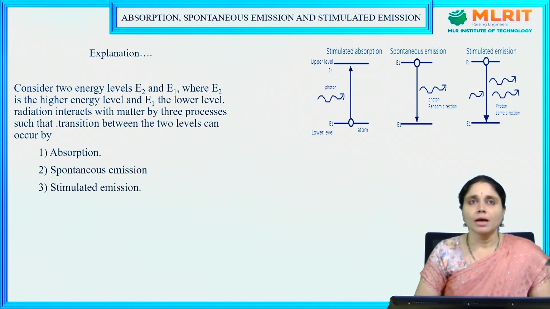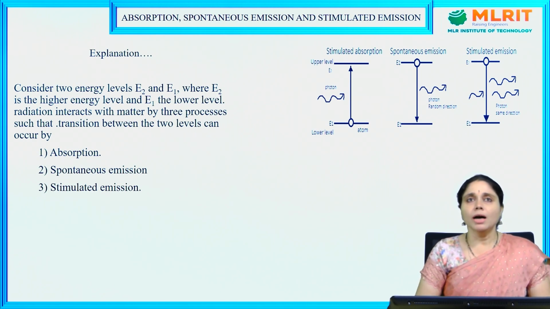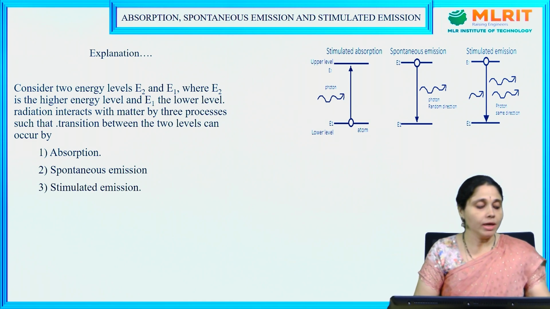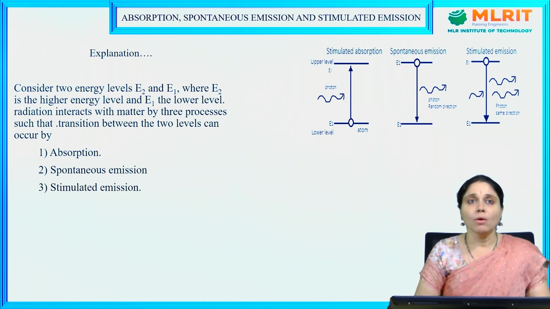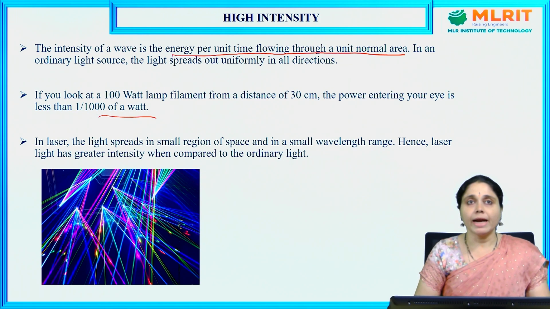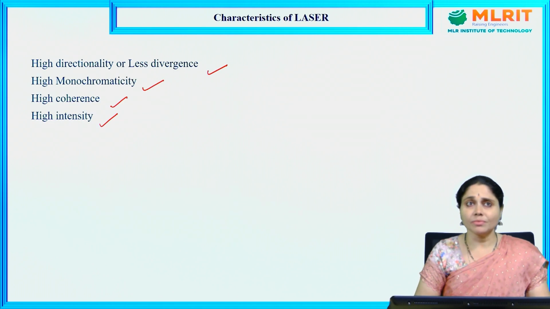Next. Coming to absorption, spontaneous emission, stimulated emission. Till now we have learned the characteristics of a laser: high directionality and less divergence, high monochromaticity, high coherence and high intensity. Directionality means single direction. High monochromaticity means light having a single wavelength.